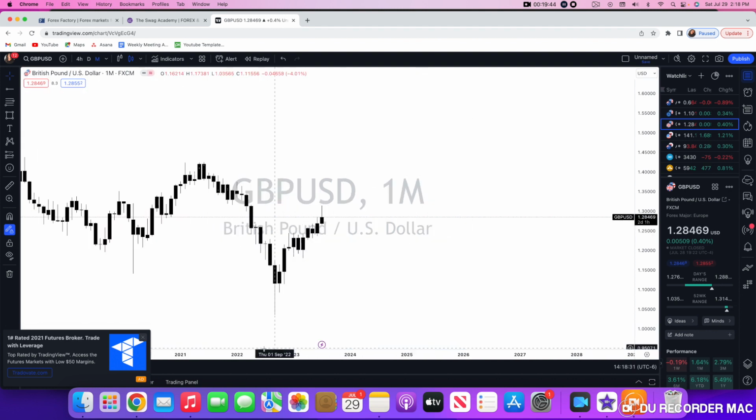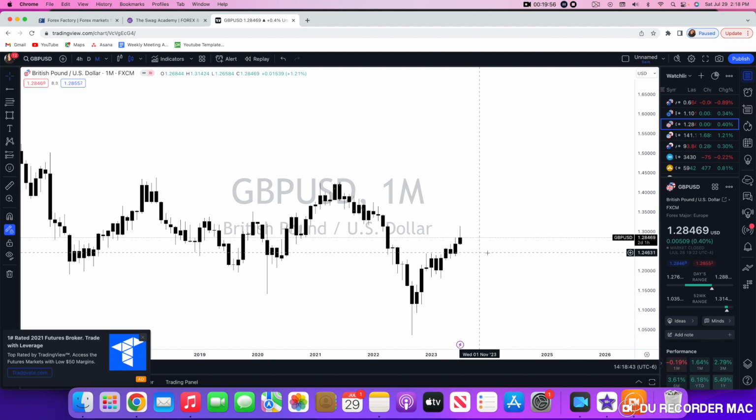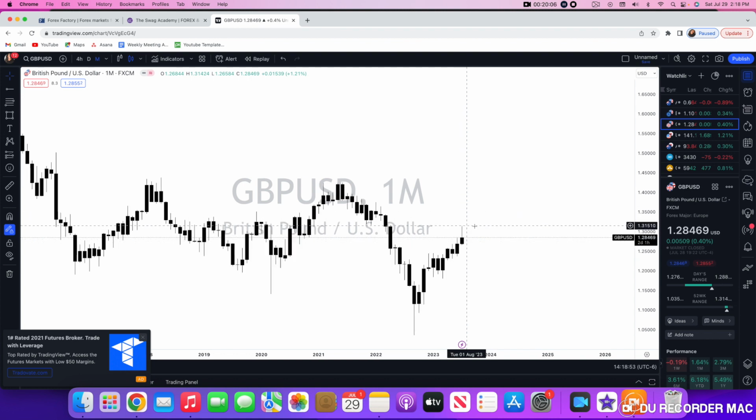Let me make it bigger. I consider this to be active price, and I consider this to be price running away from whatever. You can use your own imagination, but when I see price pulling to one side, I consider that to be running from. So I'm like, okay, price is running from and rejecting to the upside.